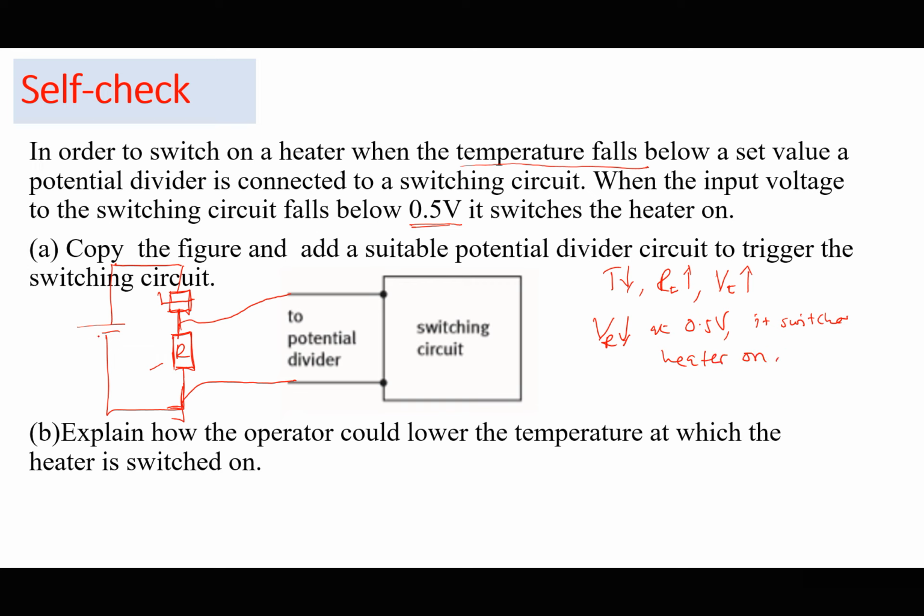So here I have a voltage supply. I have a fixed resistor which is in parallel with the switching circuit. So this is how the circuit should look.